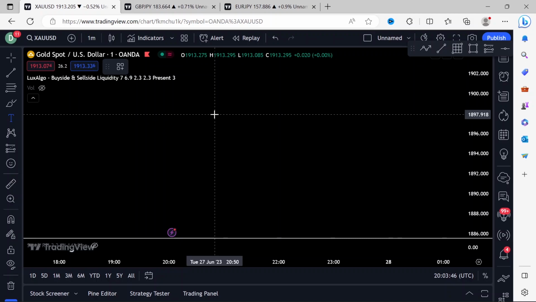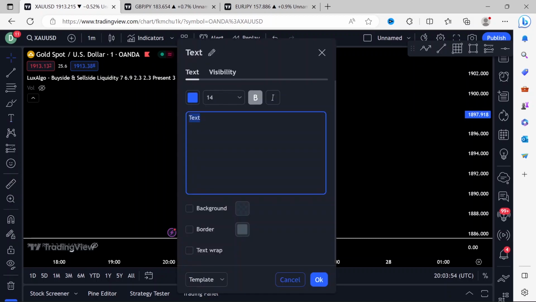There are a lot of areas of value. We could have the supply and demand zones. Let me just type them here.